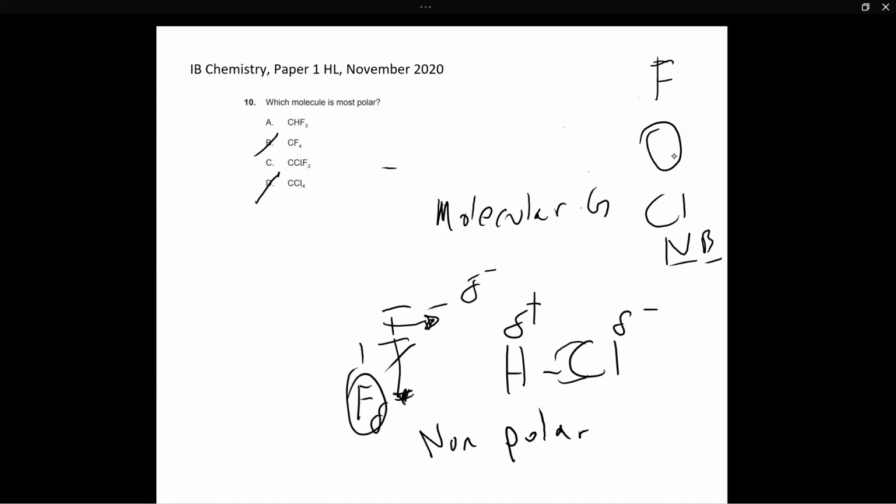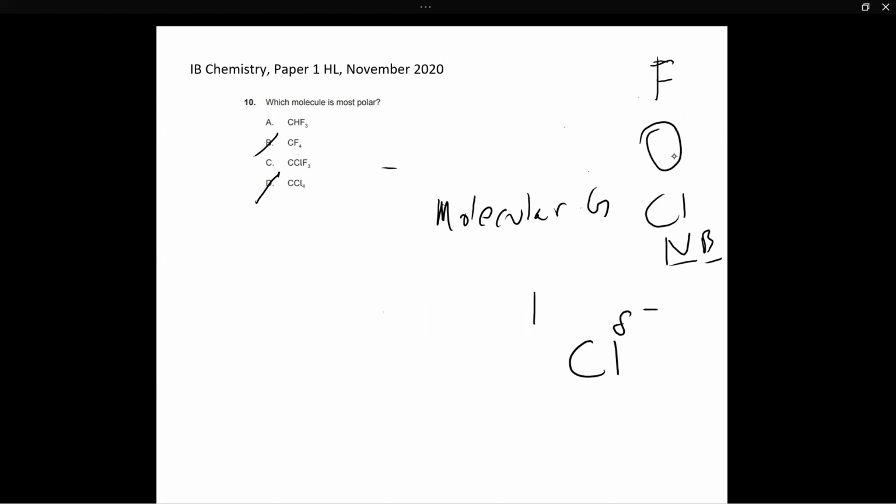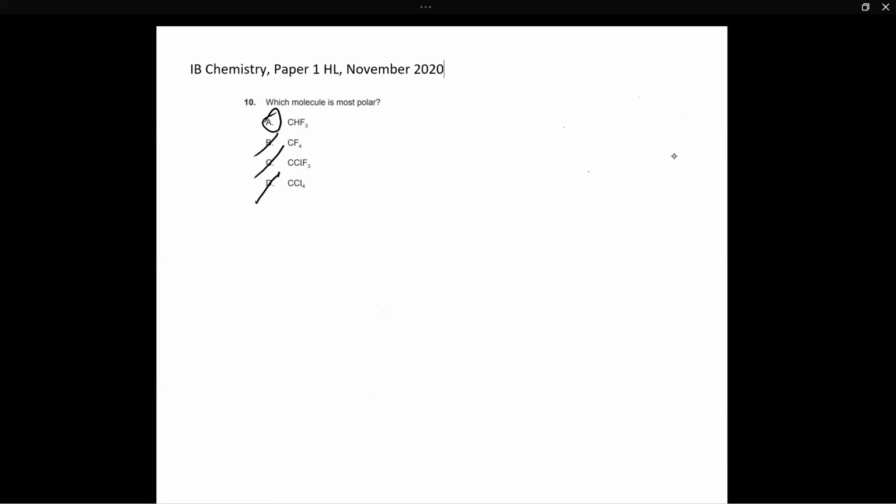So now we're left with the last two options: CHF3 and CClF3. And out of these, the correct answer is CHF3 and not CClF3. Now, you may ask, why is that the case?